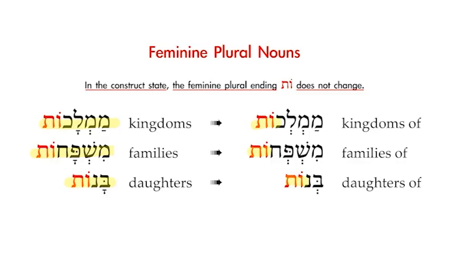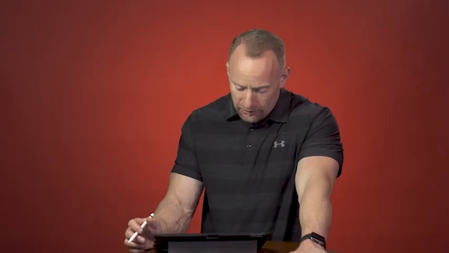For example, in the word banot, daughters of, the qamets under the bet is changed to vocal shewa. Or the qamets under the pe in families of, mishpechot, has changed to vocal shewa. And similarly, in the word kingdoms of, mamlechot, the qamets has changed to vocal shewa. So there will be other indicators of the construct state in these feminine nouns, but the endings will not change.